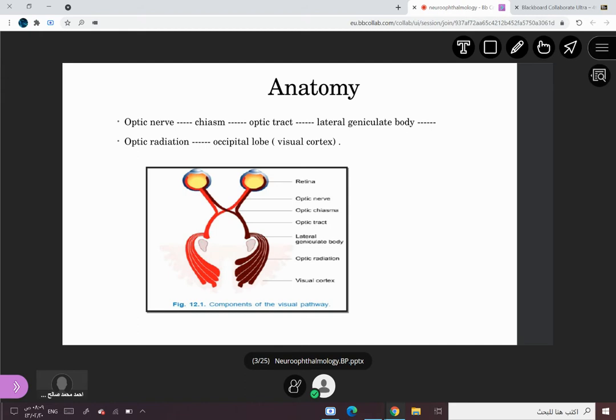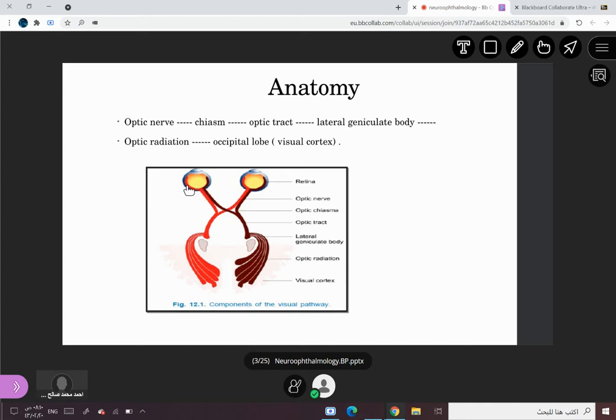Okay, so the anatomy of the visual pathway, the components and the anatomy of the visual pathway. The optic nerve will start from the posterior part of the globe.